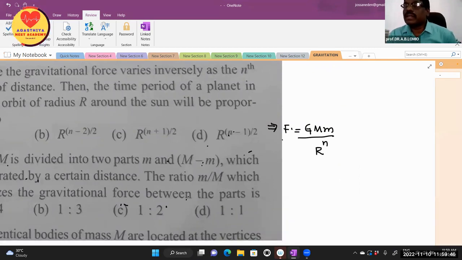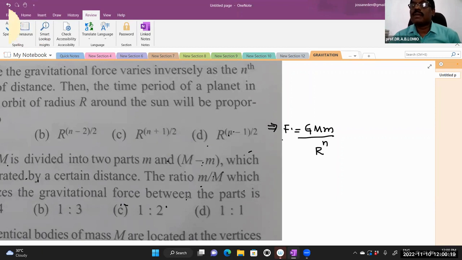The force of attraction is equal to the centripetal force. That means the force which is acting radially inward. Centripetal force is the force which is acting radially inward. Centrifugal force is the force which is acting radially outward. Since it is a force of attraction, it is considered as a centripetal force.